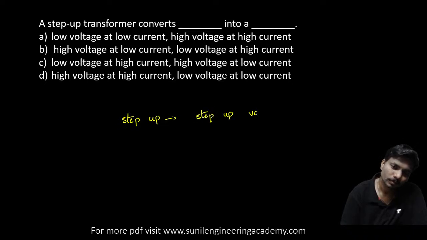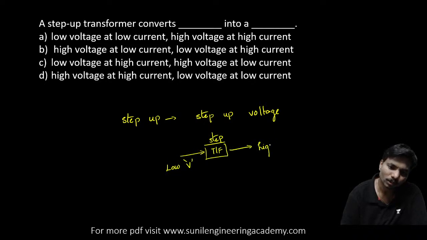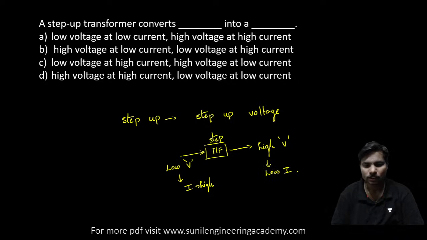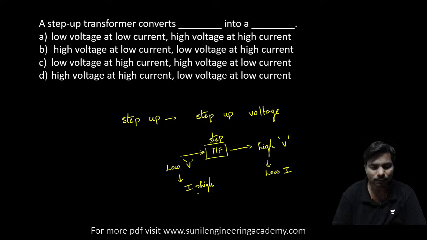You give low voltage to this one and it converts into high voltage. Low voltage means what about the current? The current is high. High voltage means the current is low. Clear? So a step-up transformer converts low voltage at high current to high voltage at low current.